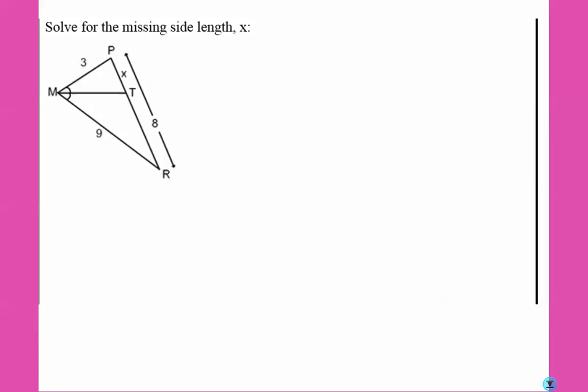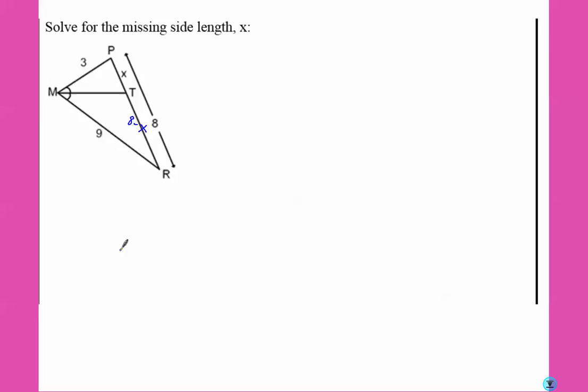Let's use this theorem one more time to solve for the missing side length x. Before we start, we don't know exactly what the length of TR is, but we know that from P to R is 8, and this piece is x. So that means T to R must be 8 minus x.